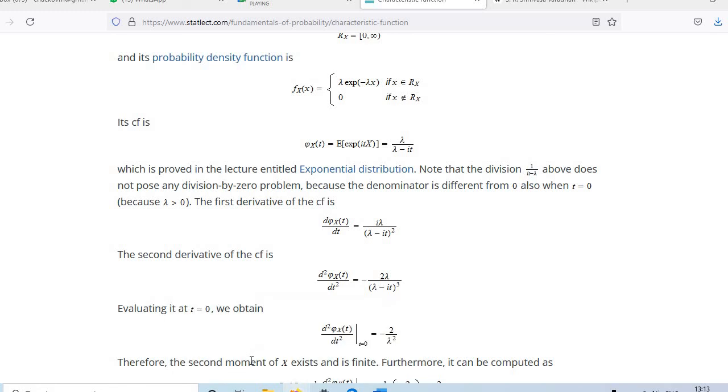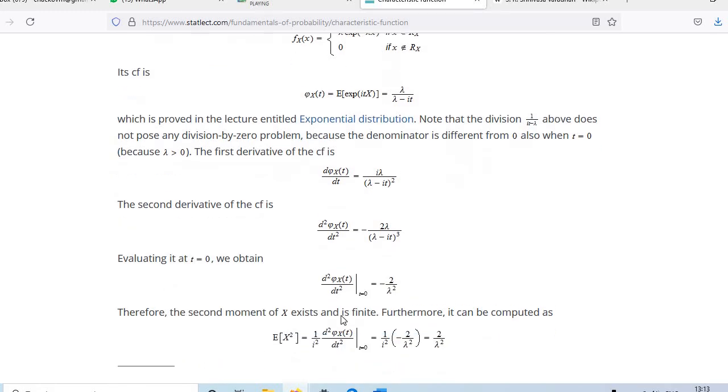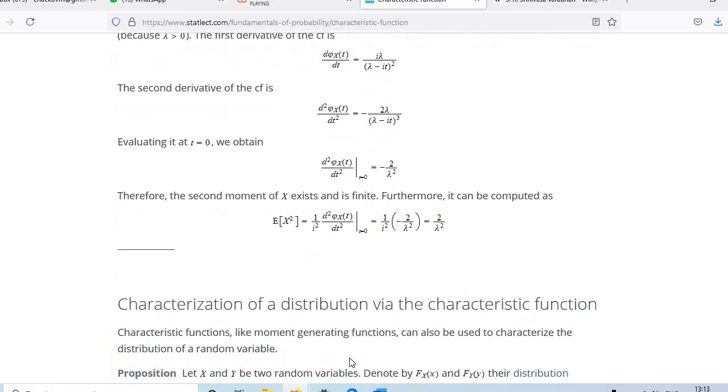So likewise you can find all the others. When we put t equal to 0, what happens?